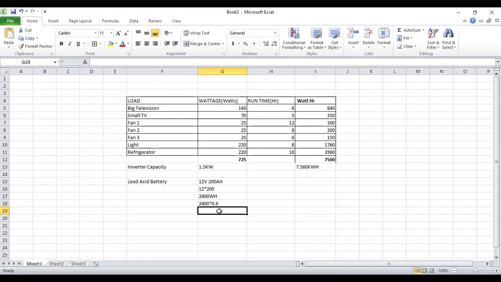If it's 50%, we multiply it by 0.5. So let's assume this particular battery has a depth of discharge of 60%. Please, somebody should multiply 2,400 by 0.6 so that we know what we are getting from this particular battery.